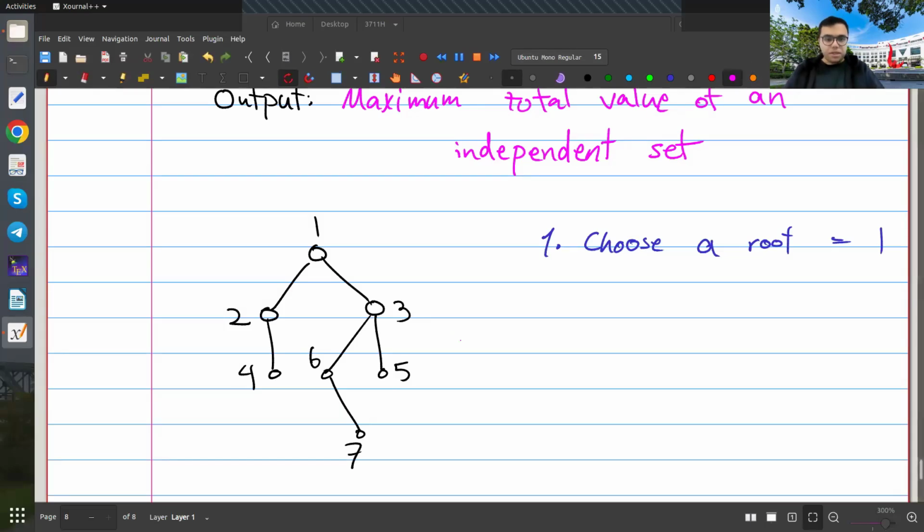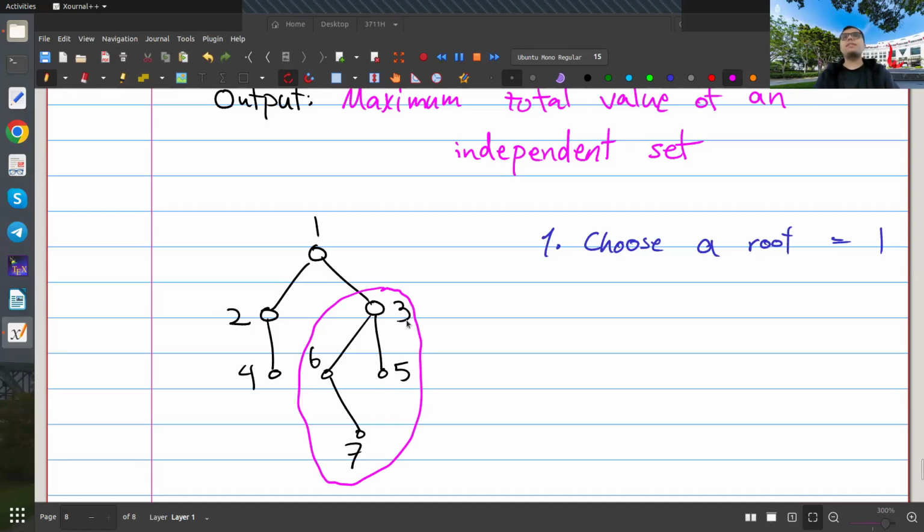Now, here's what I'm going to do. I'm going to say for every vertex, I want to define a subproblem. Now, what is a natural way to define subproblems? Well, I can take a vertex and everything that comes below it, all of its descendants, and I can say this is the subtree corresponding to this vertex. And I can define a subproblem on this subtree. Okay.